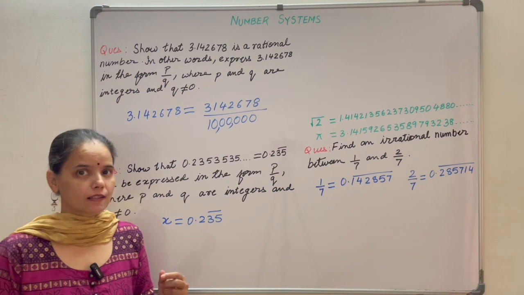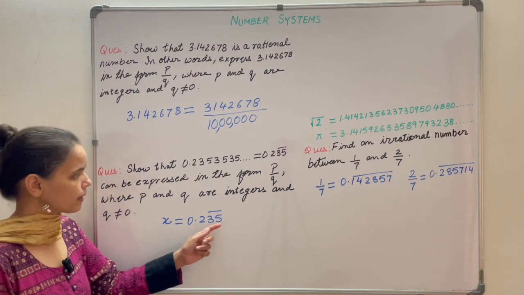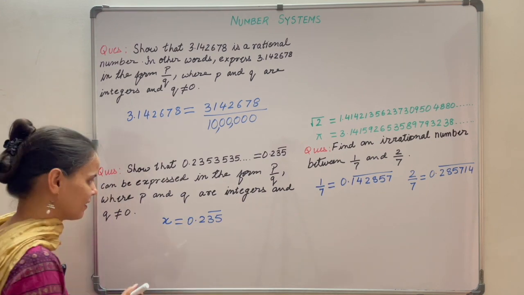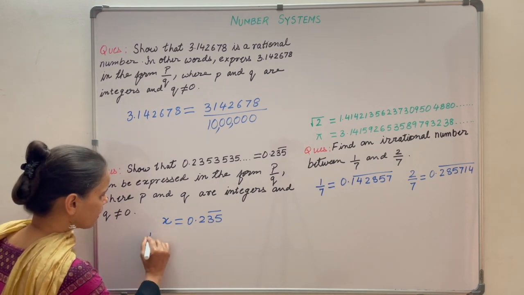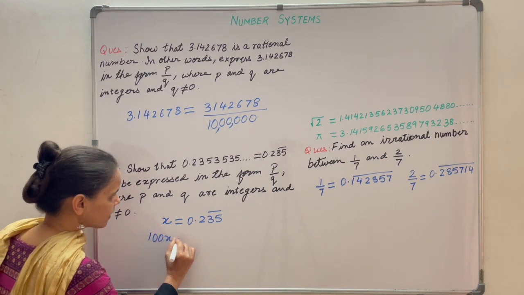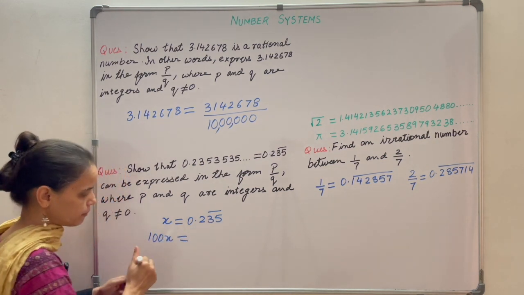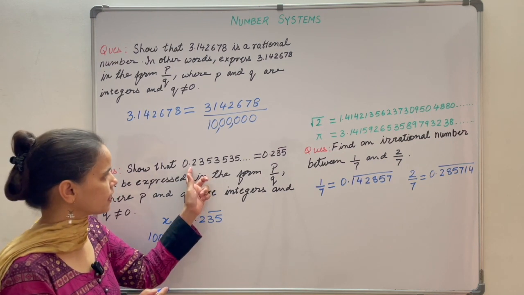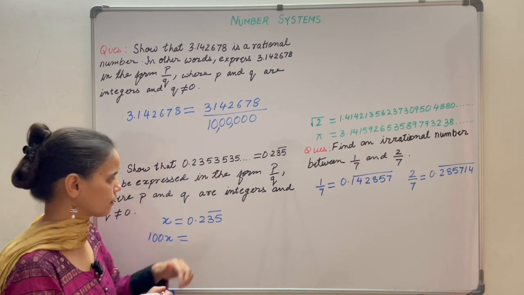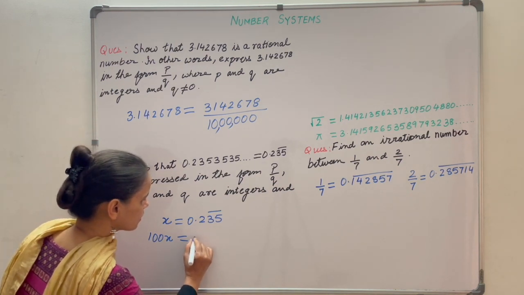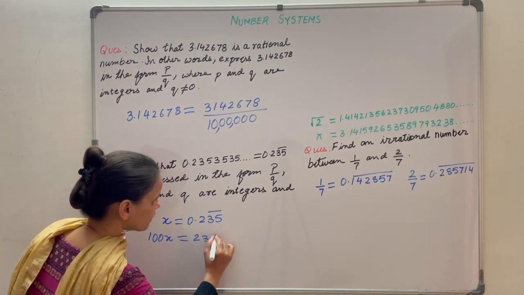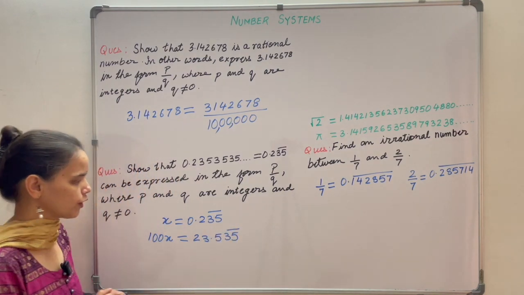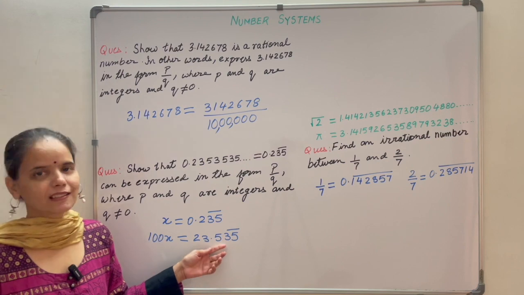So when you multiply both sides by 100, you get 100x, and the decimal point will shift two places. So let us write it down. This is 23.535 bar.